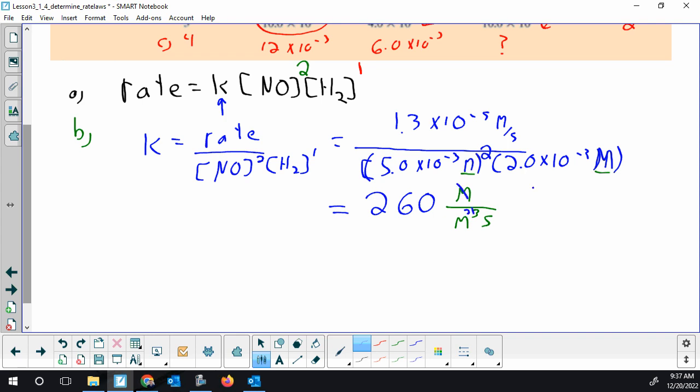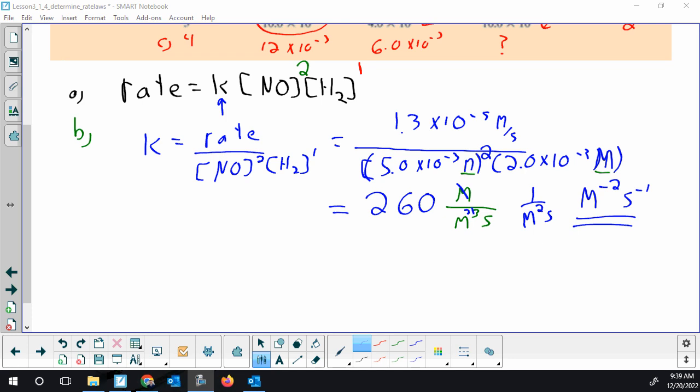So the units you could express this way: moles per liter squared on the bottom, seconds on the bottom, or what's commonly done in AP or university is use negative powers. So that 2 on the bottom is moles per liter to the minus 2, seconds to the minus 1. You need to be able to make sense of units written like that with negative powers to show the bottom of fractions.